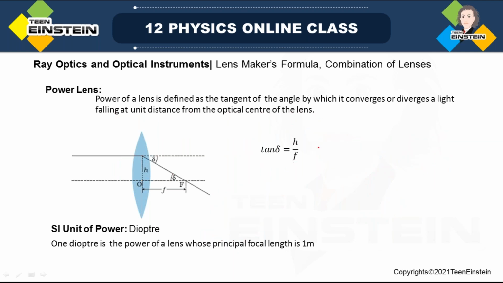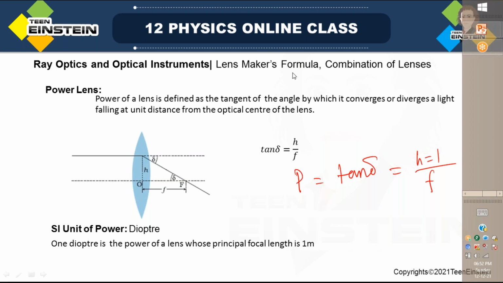So what we have got is, power is equal to tan delta when H is equal to 1, which is 1 over F. So this is your power.